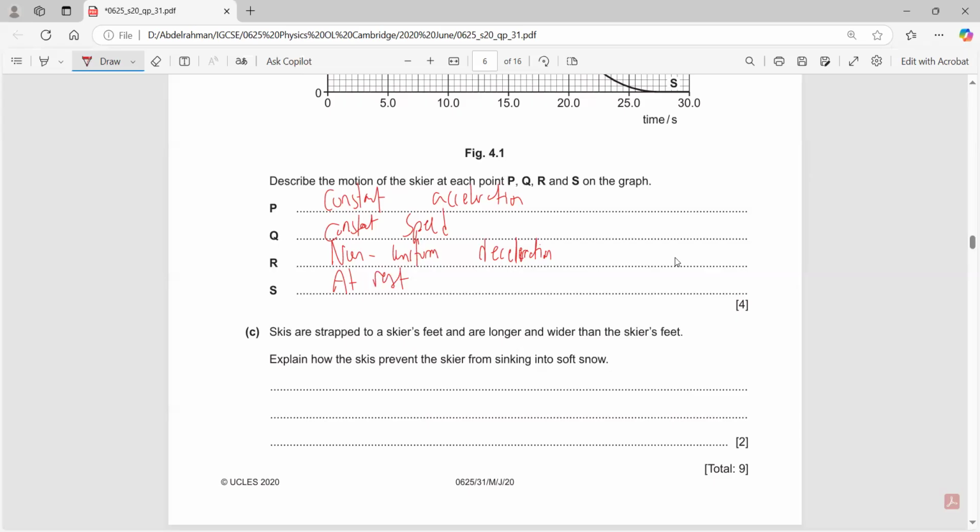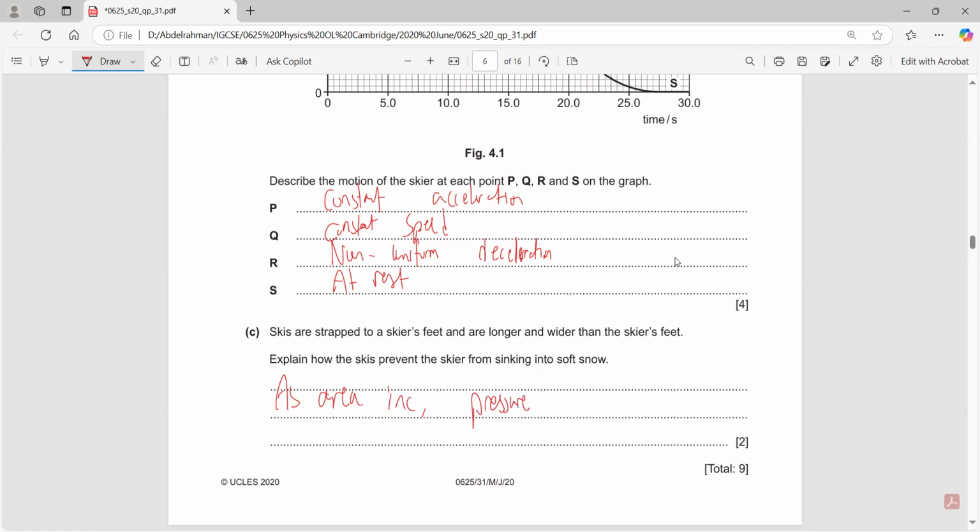As you increase the surface area, what happens to the pressure? Pressure decreases. So as area increases, the pressure decreases.